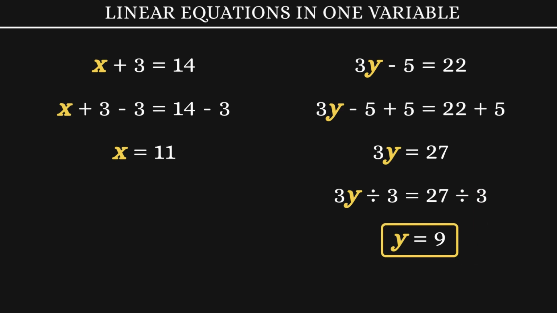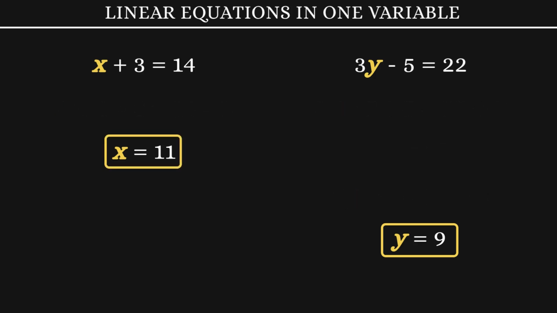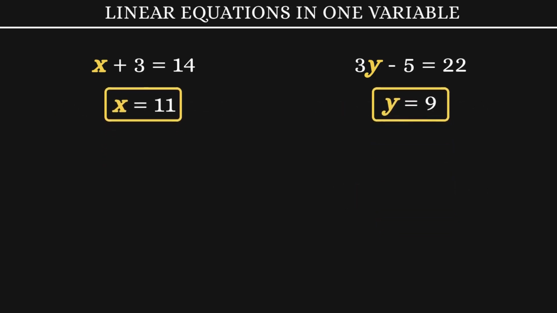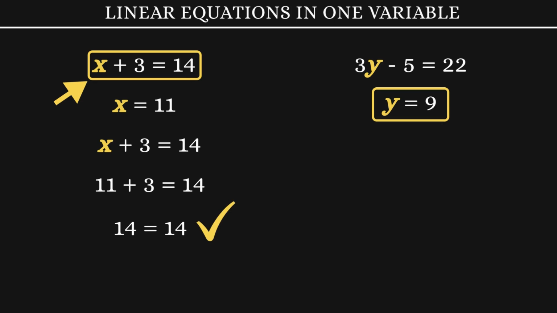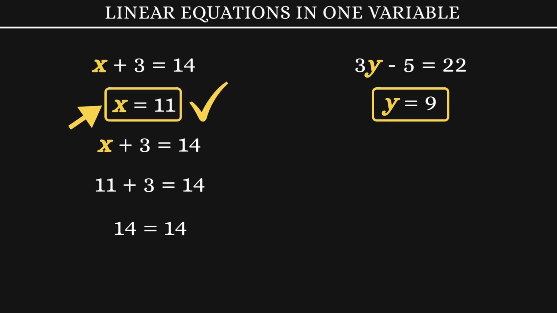Before getting into the next set of equations, we'll quickly learn to check if the answers are correct. Here we have x is equal to 11. Let's substitute this value of x in the original equation itself. x plus 3 is 14. 11 plus 3 is 14, which is mathematically correct, which means our solution is also correct.